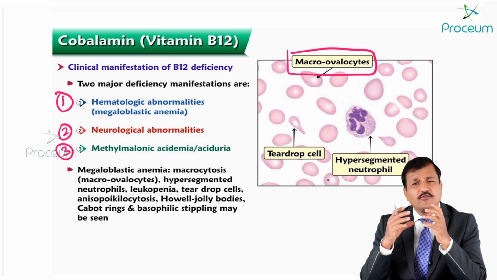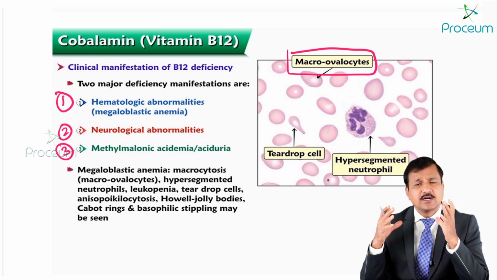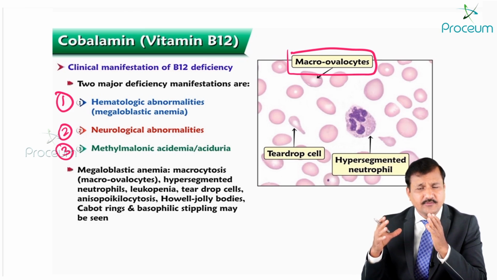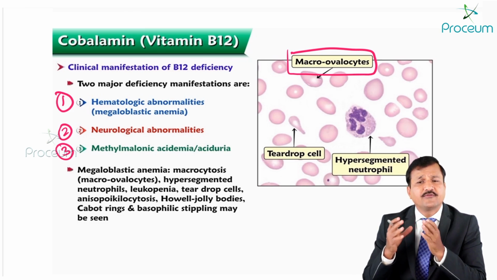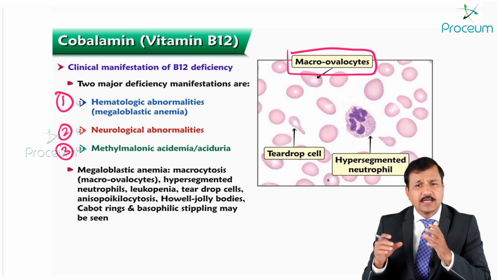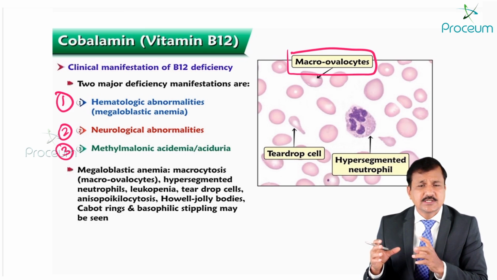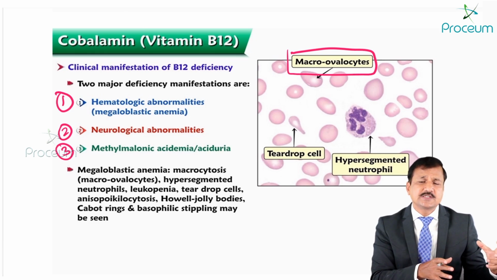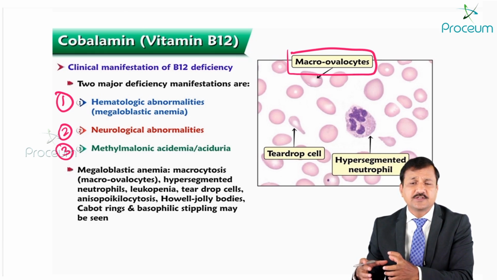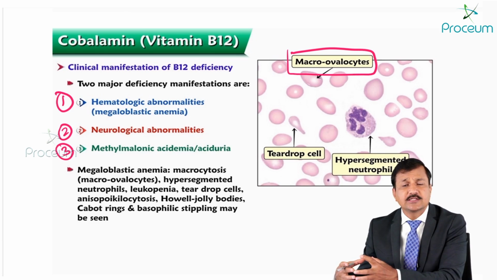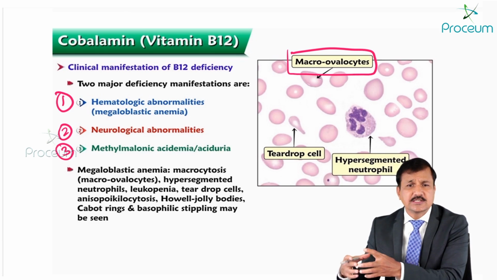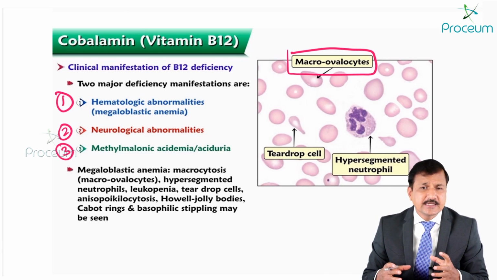Why? Because folate derivatives, that is N5 tetrahydrofolate and N5,N10 methylene tetrahydrofolate, are necessary for purine and pyrimidine biosynthesis. So when there is a cobalamin deficiency, there is a functional folate deficiency that leads to decreased purine and pyrimidine biosynthesis, which leads to decreased DNA synthesis.